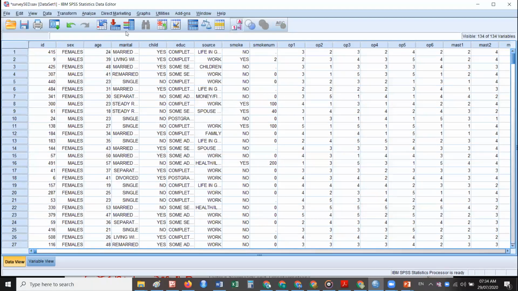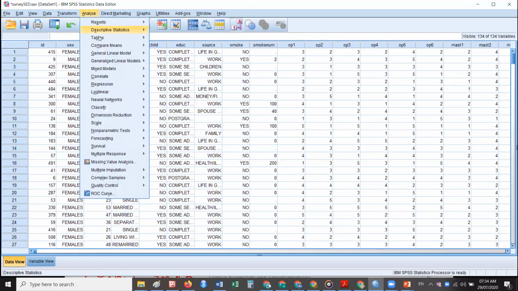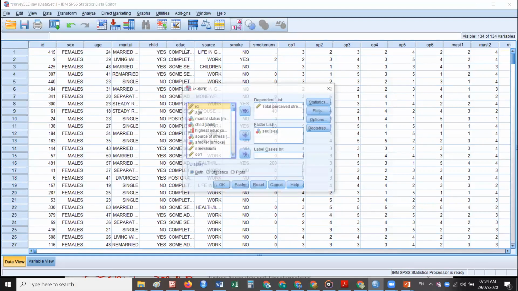In this data, we have to analyze the data by descriptive, explore. I already told you the quantitative variables are to be analyzed using explore. So our discussion will be analyze, descriptive statistics, explore.